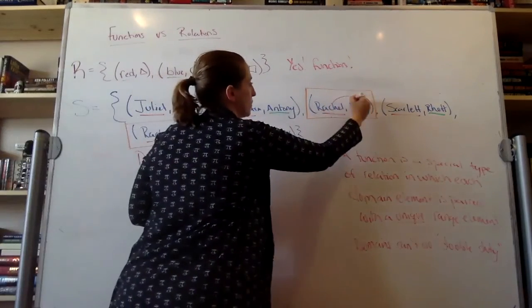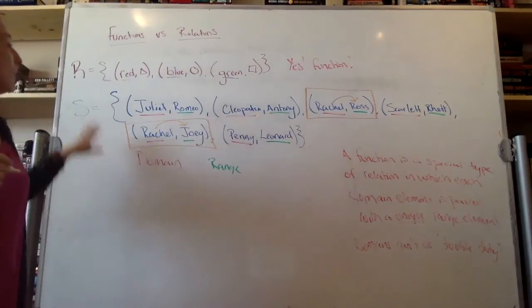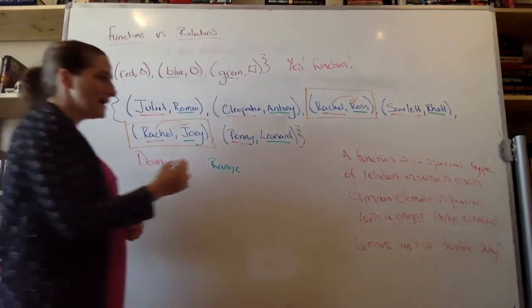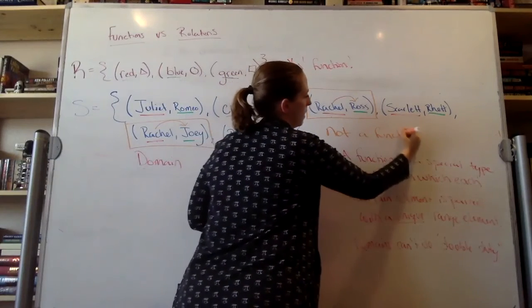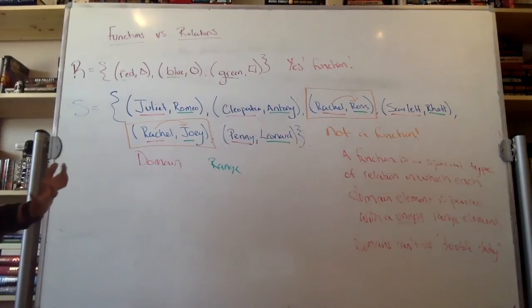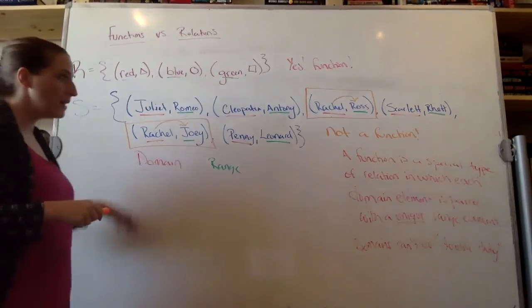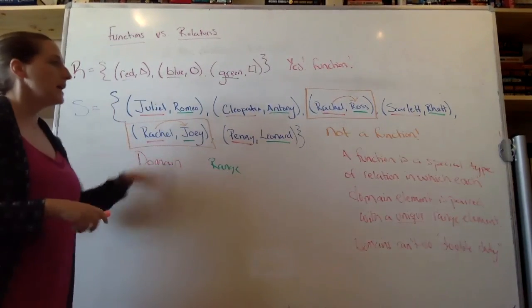Rachel is mapping to Ross, but Rachel is also mapping to Joey. That means the relation S is not a function. Okay? So again, a function is just a special type of relation where each domain element is paired with a unique range element. In other words, no domain element can do double duty.